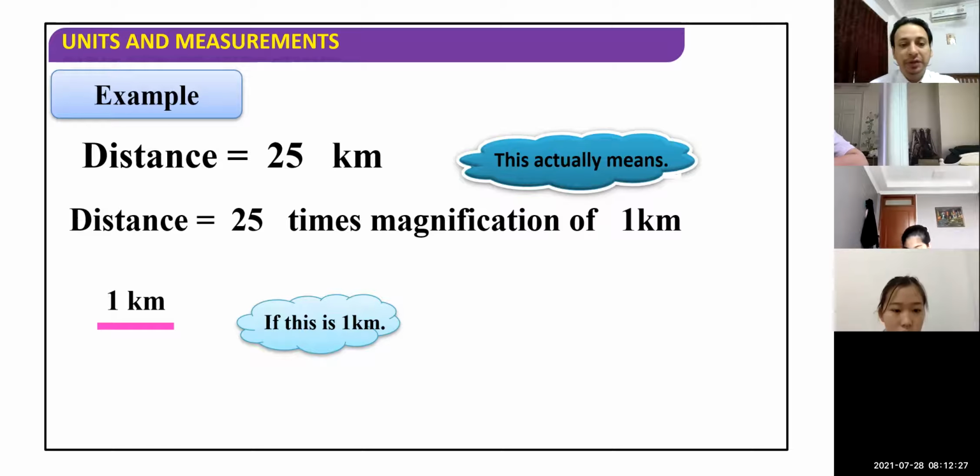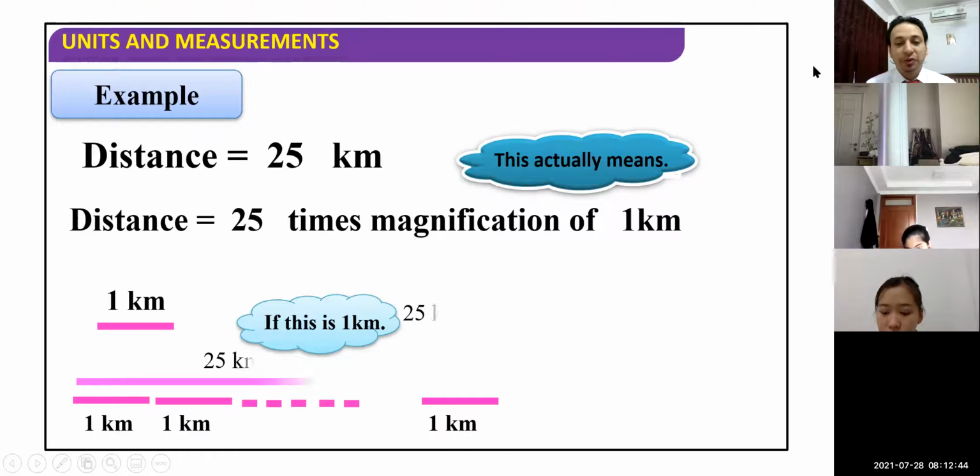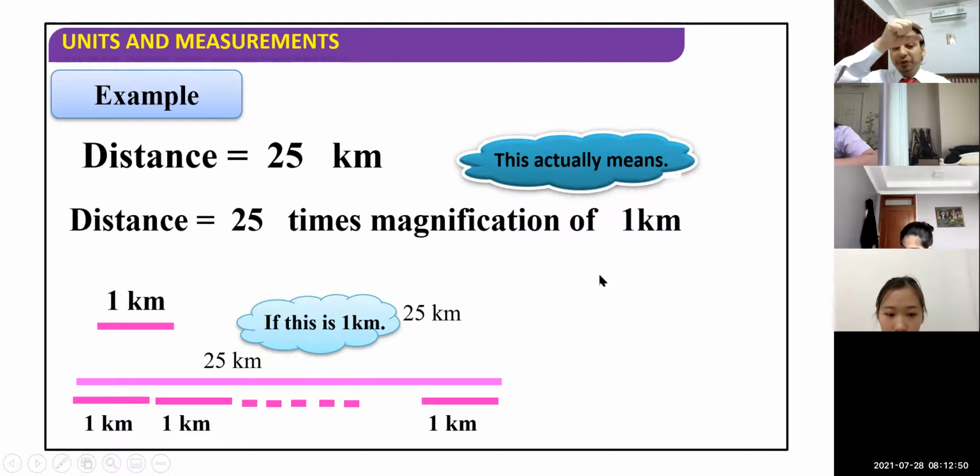This distance equal to 25 kilometer means it is 25 times 1 kilometer: 1 kilometer, 1 kilometer, 1 kilometer, up to 25 times. That is the distance, 25 kilometer.